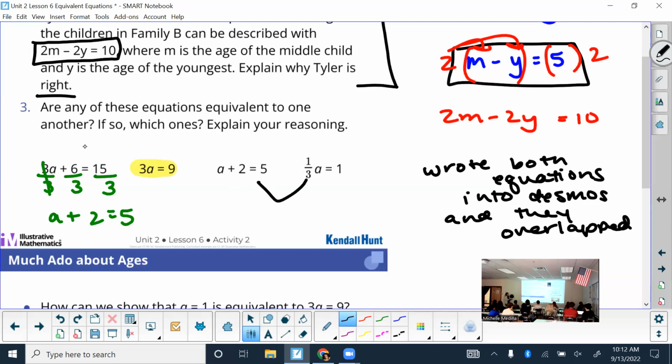Also yes, because this one's the same as this one, and this one's the same as that one, these must also be the same. So the answer is they're all equivalent to each other. You can manipulate any one of these equations and or solve. Maybe you can't manipulate all of them. But you can solve each one, and a will equal what each time?